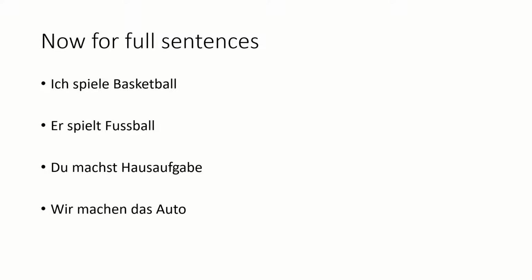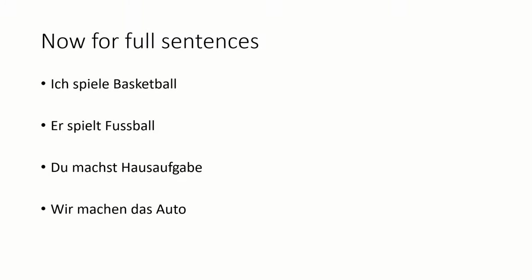For the second sentence, I have Er spielt Fußball. Remember the noun is capitalized, and I have er for my personal pronoun, so I have to add a t to the end of the stem of spiel, so I get spielt Fußball.